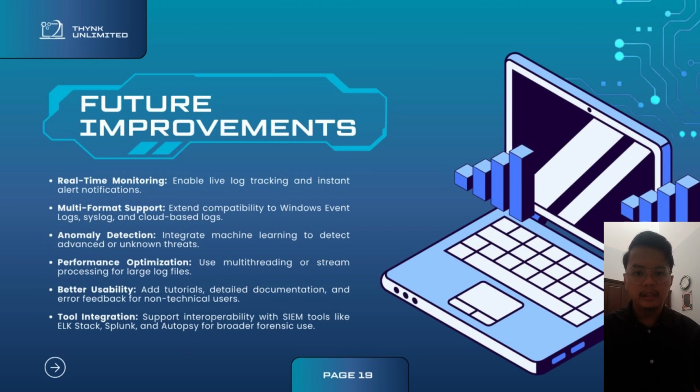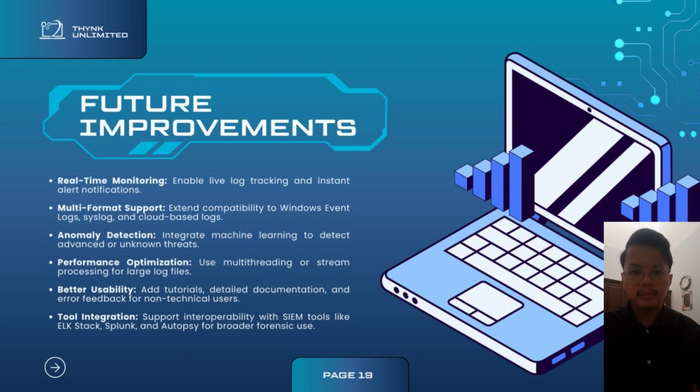Looking ahead, we see multiple opportunities to enhance this tool. First, by adding real-time monitoring, we can enable live log tracking and instant threat alerts. We also plan to support multiple log formats, including Windows event logs, syslogs, and cloud-based resources. For smarter detection, we aim to integrate machine learning to catch more complex or previously unknown threats.